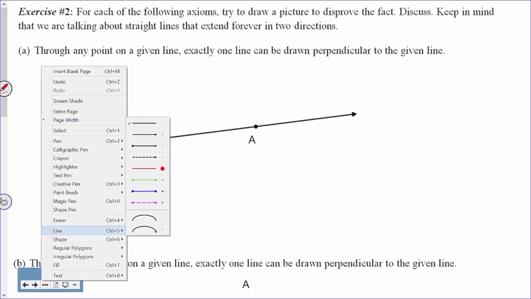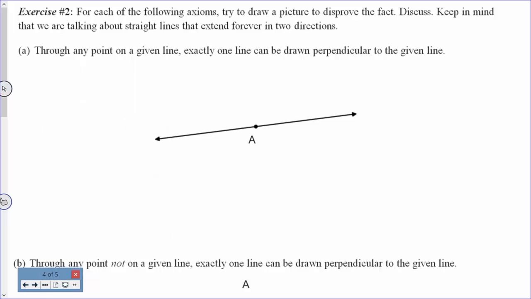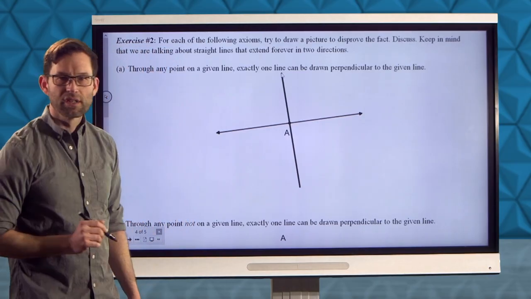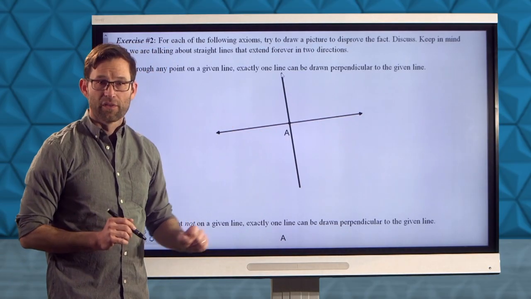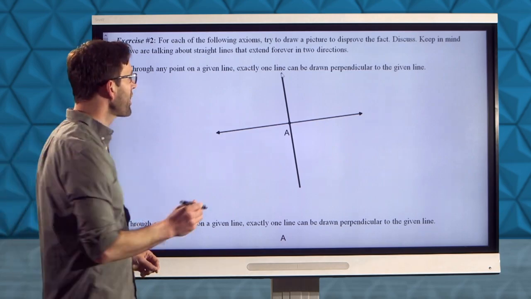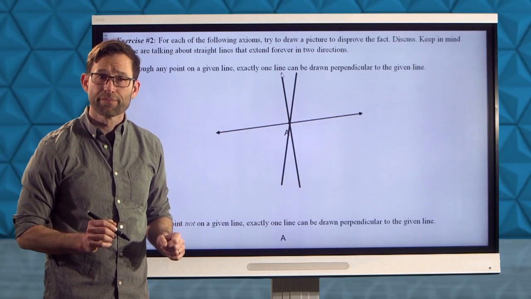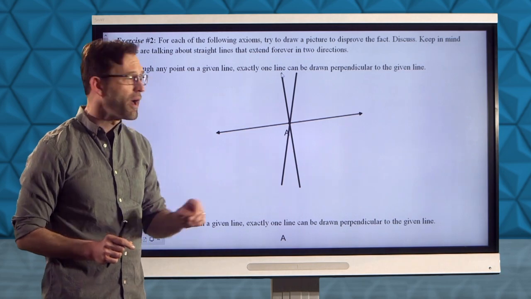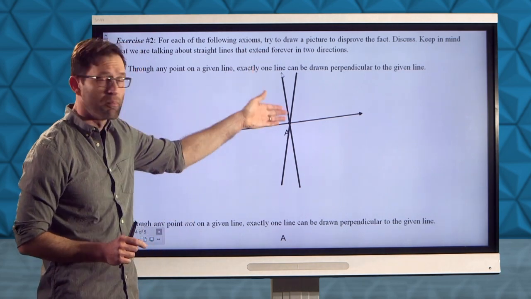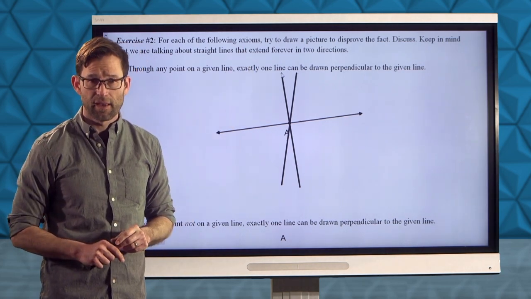That seems a little bit better. There is only one line, and I don't think that's it, but close enough, that's perpendicular to this one. Any other line I draw through A, that angle is not going to be a 90-degree angle. Only one line that goes through A will be perpendicular to the line that contains A.